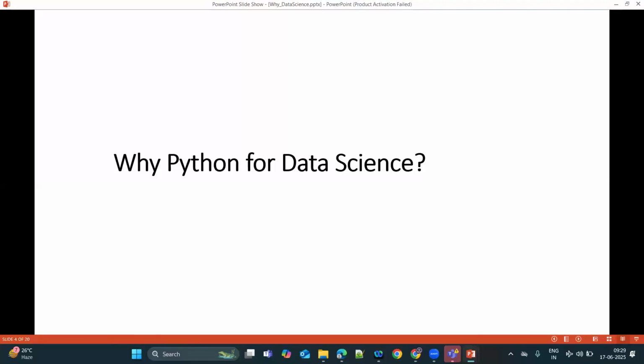We need some programming language. We are not doing it manually, we are using a tool. And here we are using Python as a tool for solving any data science problem statement. So basically, to learn data science, obviously we need some basic coding knowledge, and for that reason we are learning Python. That is why we need Python knowledge for data science.